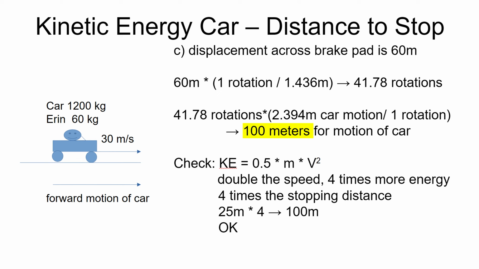There's 4 times more kinetic energy. So now the stopping distance needs to be 4 times greater, so 100 meters. So be careful when you're driving. If your speed is doubled, your stopping distance does not double. Your stopping distance goes up by a factor of 4. So obey the speed limits, look ahead for traffic, and so forth.